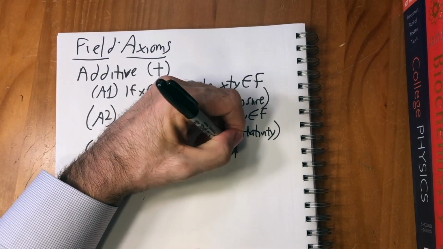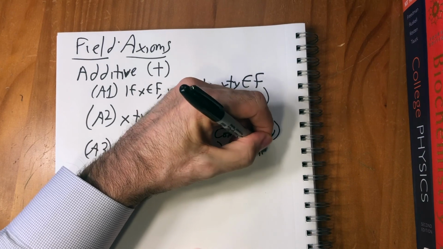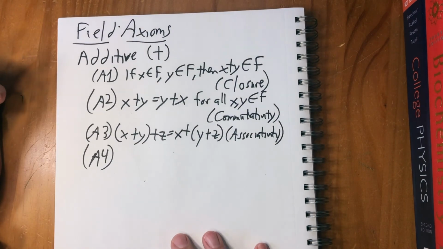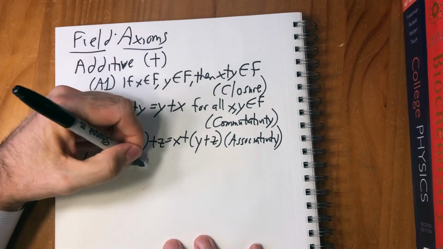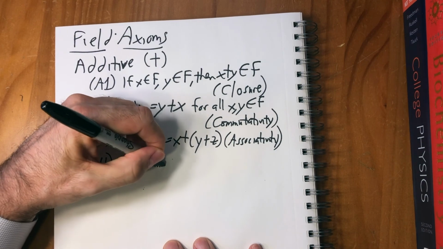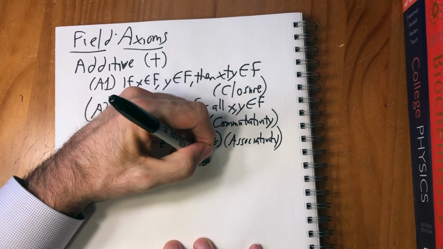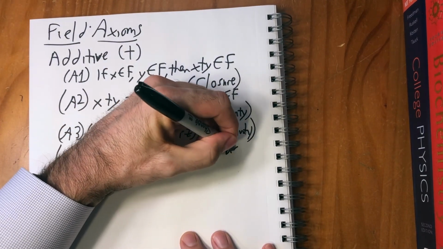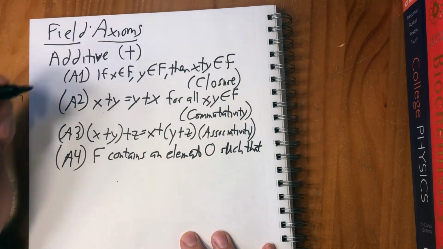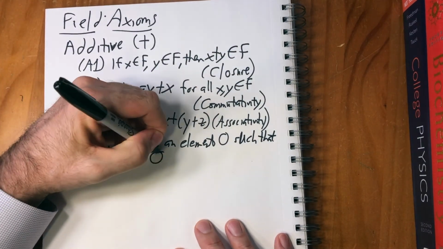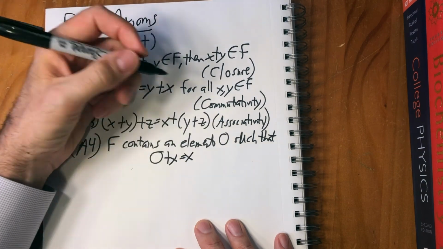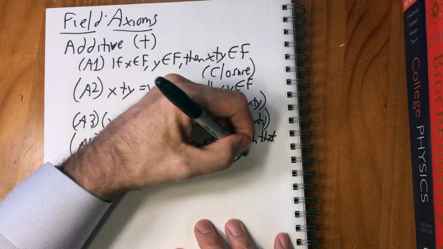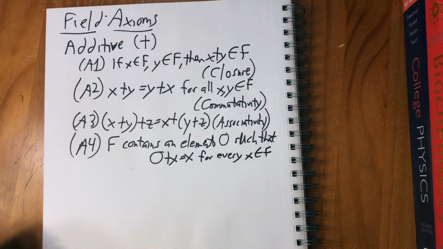That is associativity. And the last two, what's left? F contains an element 0, such that 0 plus x equals x for every x in F. That's identity.